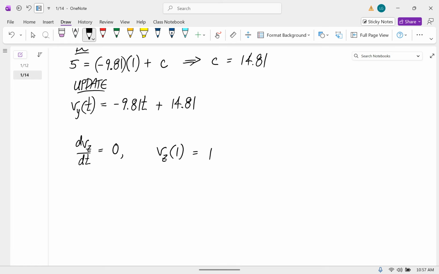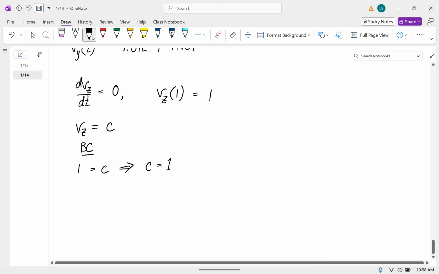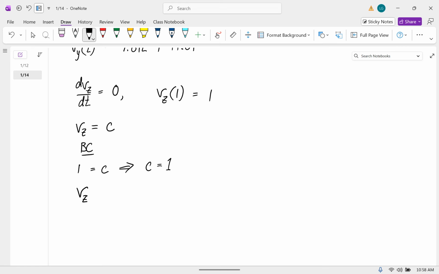So we have vz is equal to c, use the boundary condition, and it says that 1 is equal to c. And so the final function, vz as a function of time, is equal to 1.